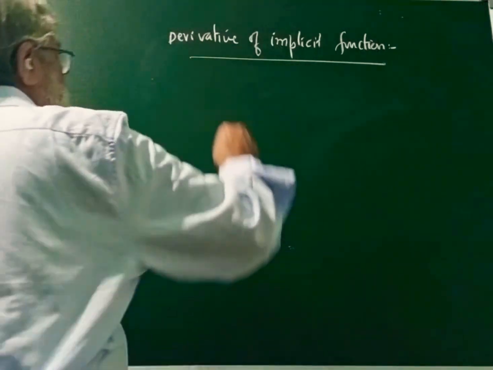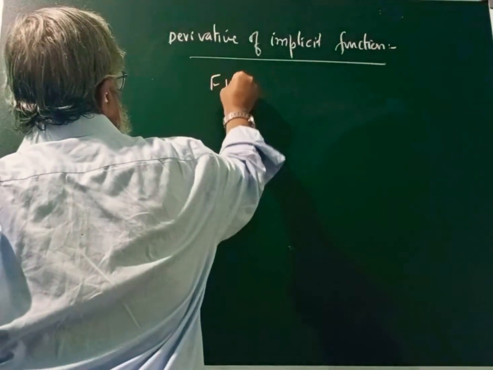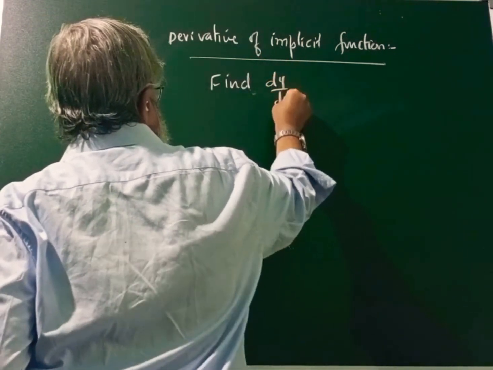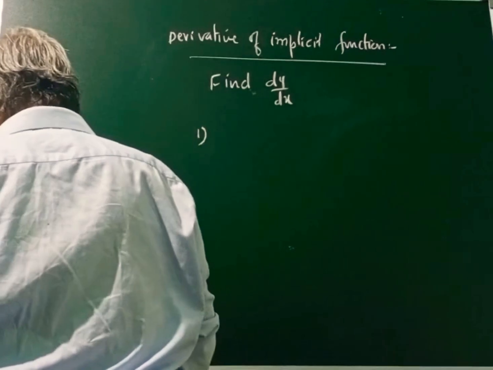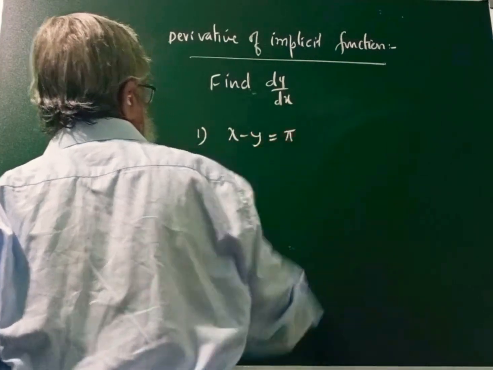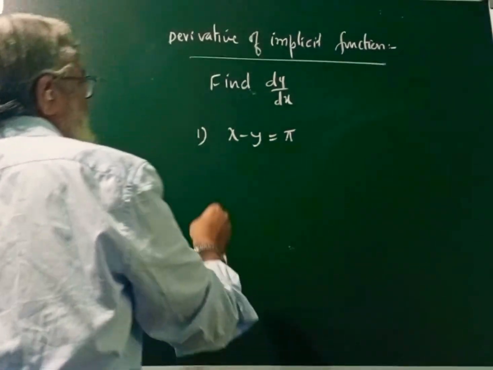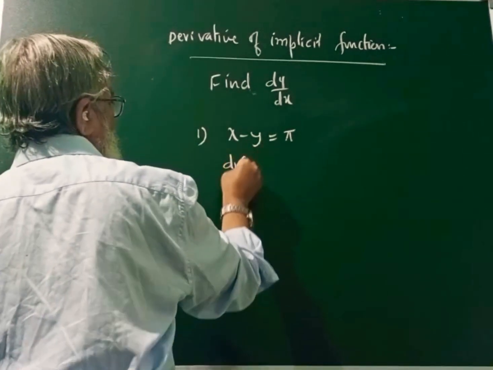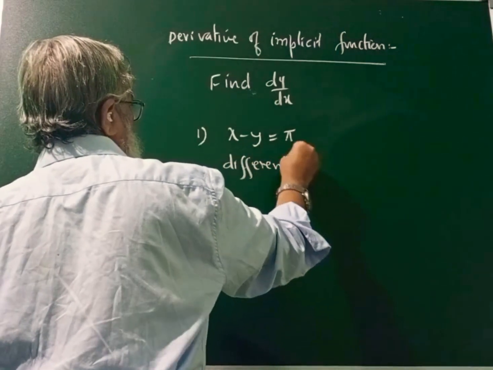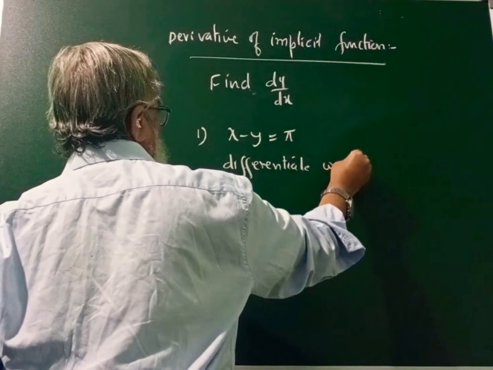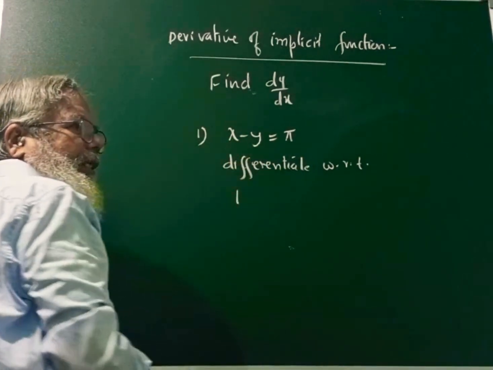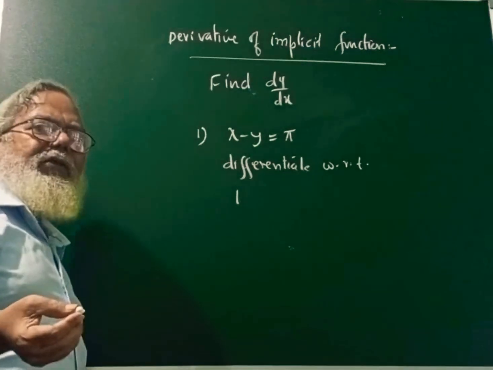Find dy by dx. x minus y is equal to pi. Now we differentiate with respect to x. Differentiation of x with respect to x is 1.